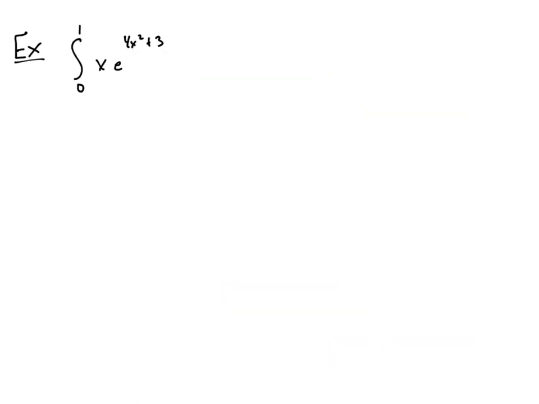Okay, and so for a final example, we have the integral from 0 to 1 of x e to the 4x squared plus 3, and then dx. We'll let u be 4x squared plus 3, du will be 8x dx.